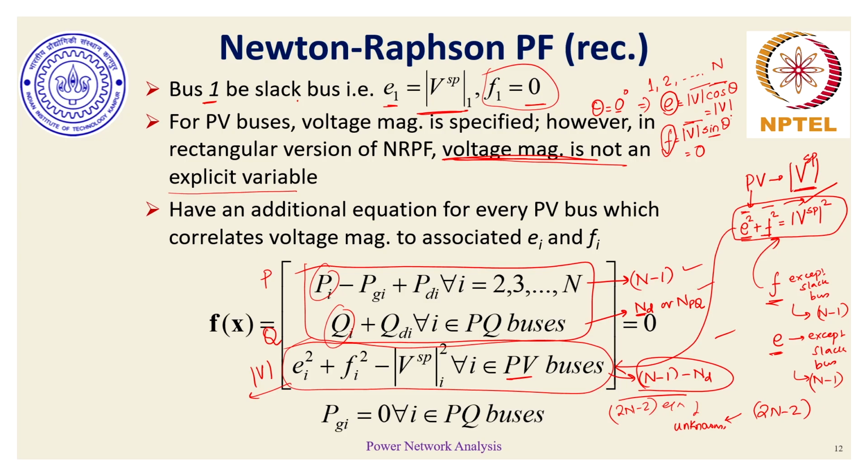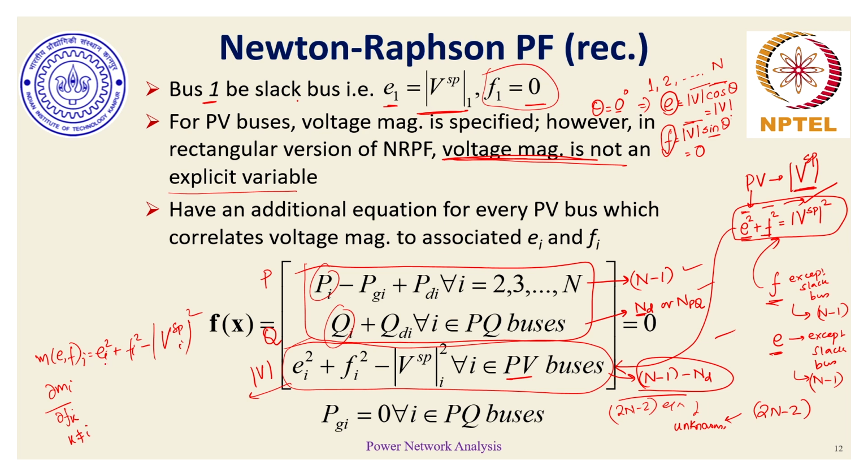If I have to express this function as, let's say, some m of E and F, where the ith equation is Ei square plus Fi square minus V specified i square, and I want to find the derivative of the mth i equation with respect to the kth F, where k is some other bus number which is not the same as bus i.